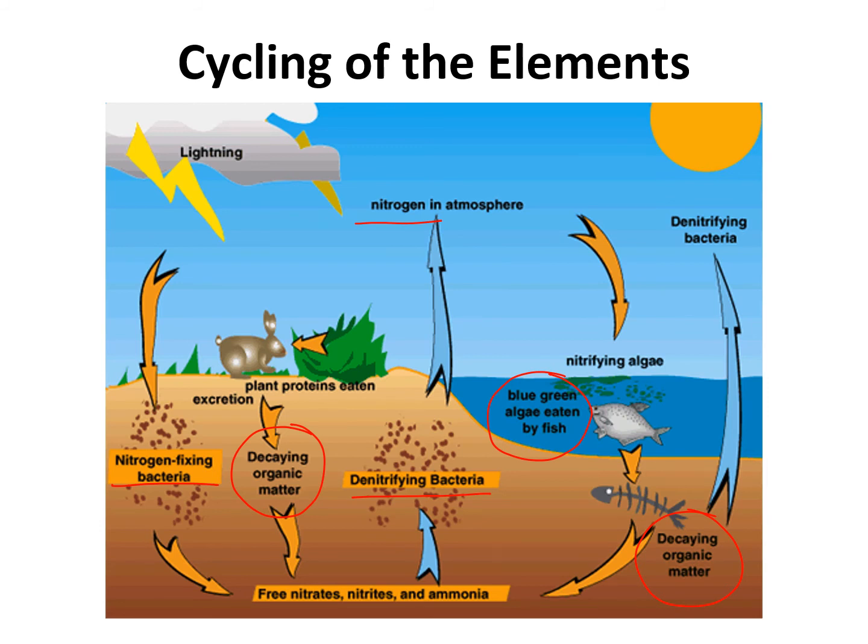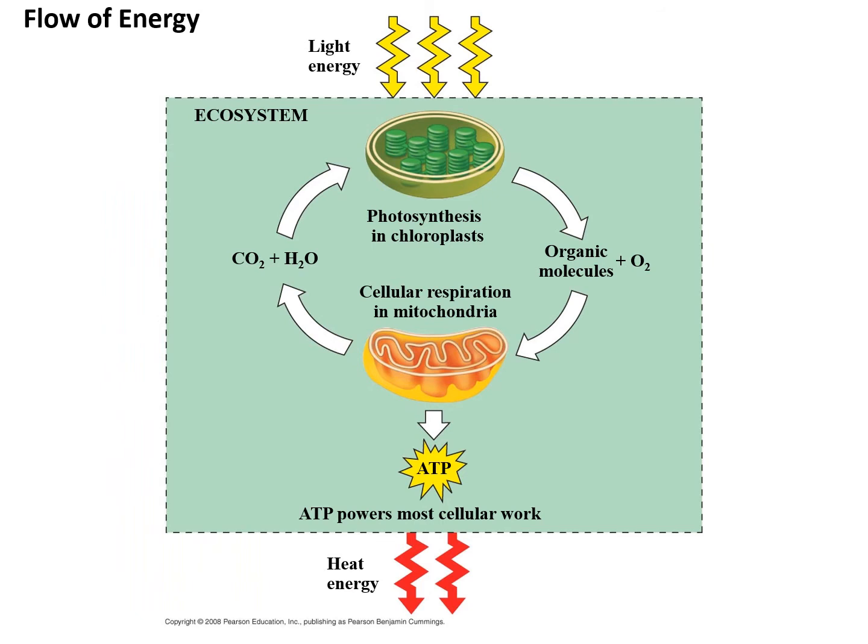The second ecological benefit of microbes is in terms of the flow of energy. The flow of energy refers to how energy moves through ecosystems. And you should know the basics of the flow of energy. All energy originally comes from the sun. So it originally comes from the sun, and then that light energy is converted into organic molecules by the process of photosynthesis.